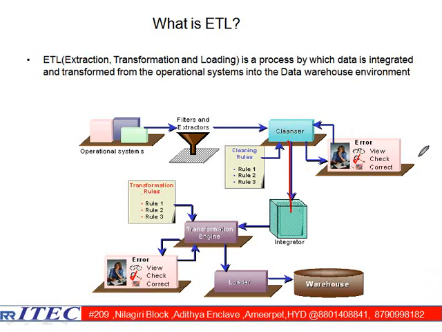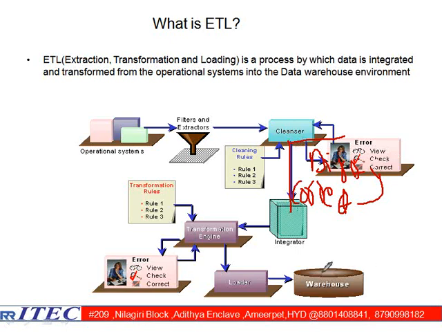So whatever data we get here is called dirty data, and correct data we send to the next process. They are going to correct the dirty data and send it back to us. Once it comes back, we apply the same rules again. If it passes, we send it to the integrator, or else we send it back again.